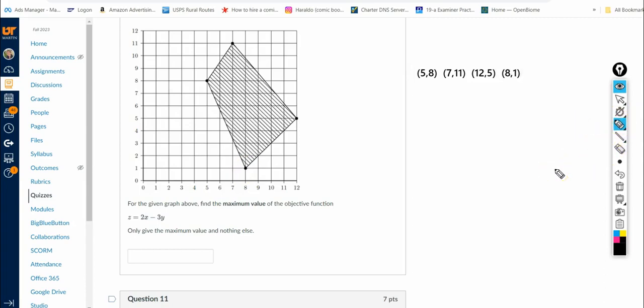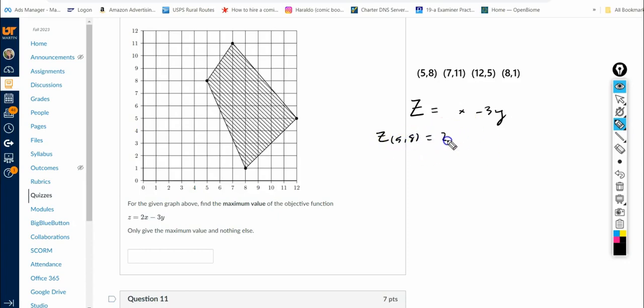Okay. So let's see if it's going to let me write with this stylus. So here is my objective function. And I have to plug in each of these coordinates into it.